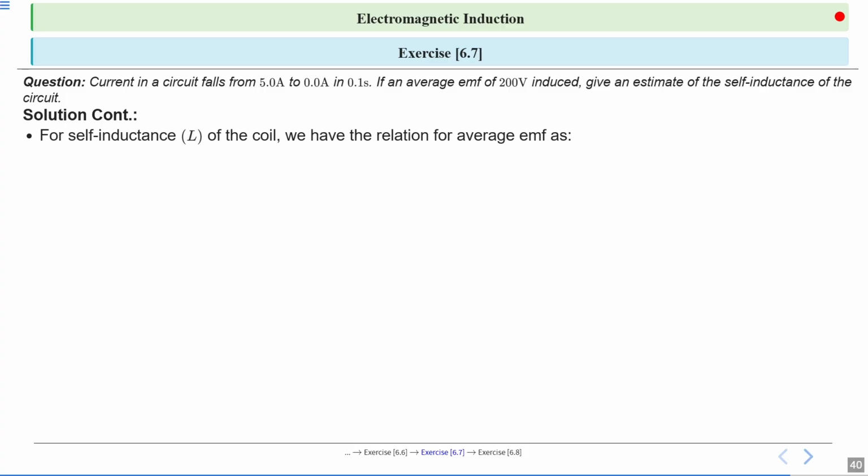For the self-inductance L of the coil, we have the relation for average EMF as epsilon equal to L di by dt. This is the relation between EMF and self-inductance, NCERT equation 6.14. After rearranging, L will be equal to epsilon upon di by dt.